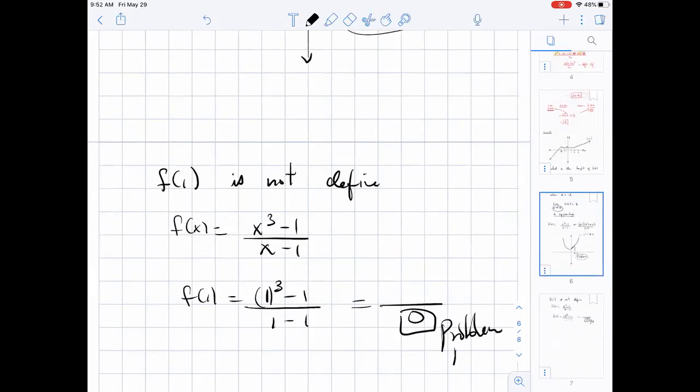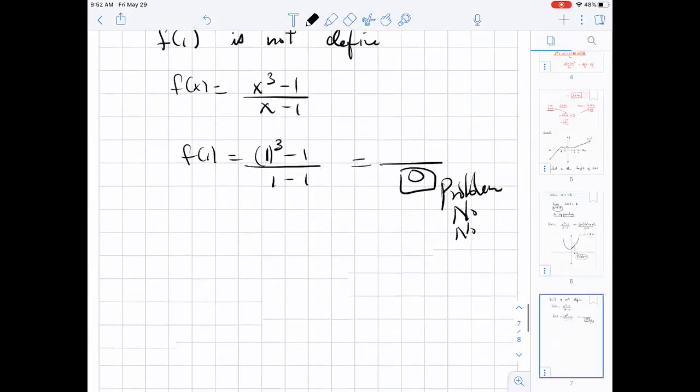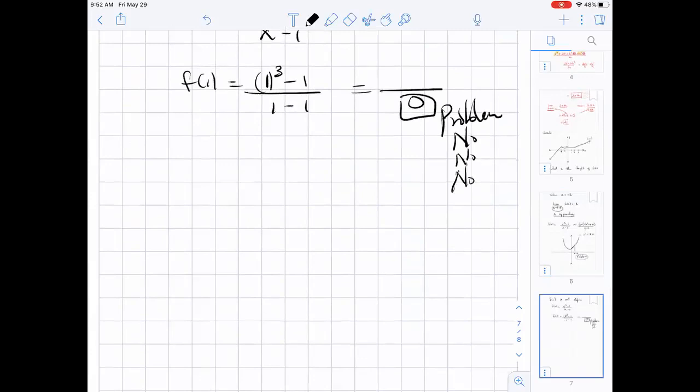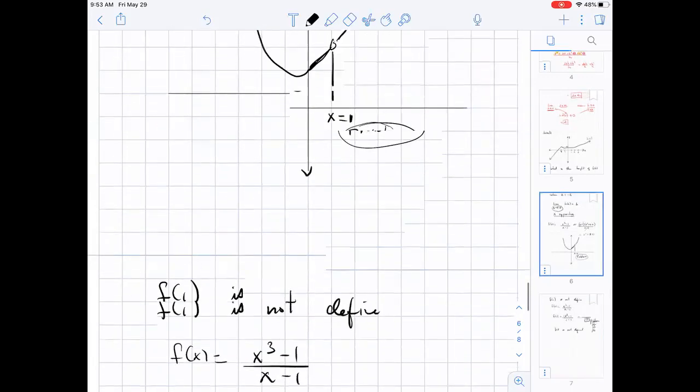Can't happen. One more time: you can never have 0 in the denominator. So f of 1 is not defined. It's not defined at all. And that's why we get a hole.